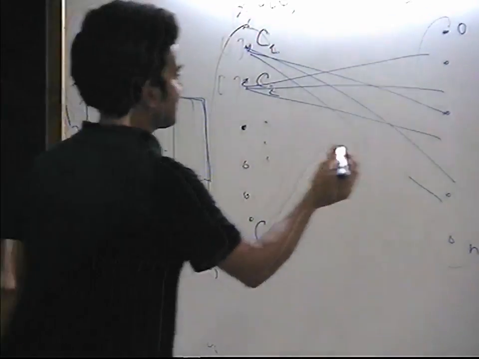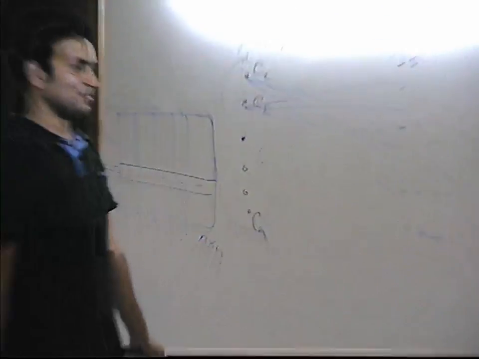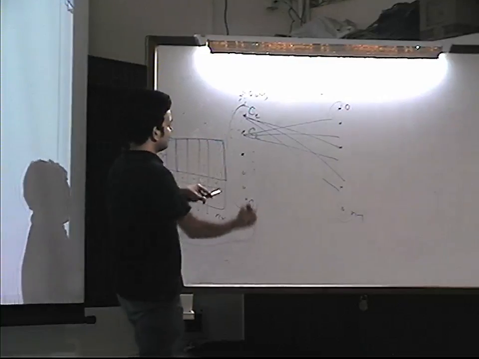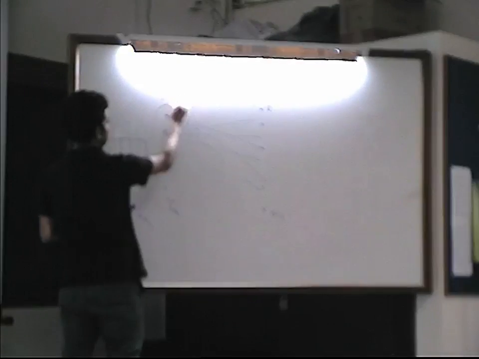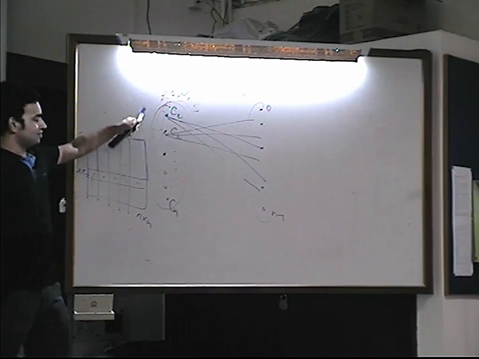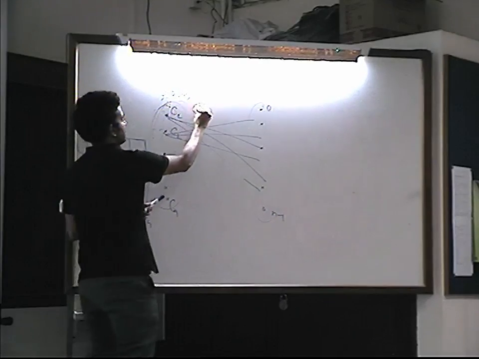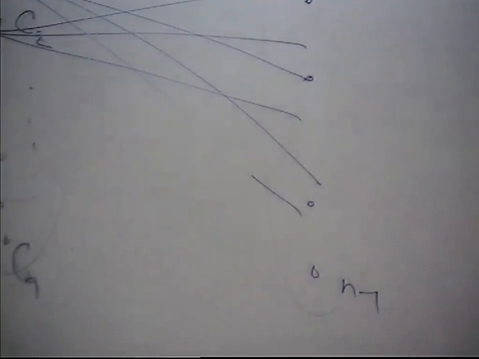So remember Hall's theorem, we have to use it here. What we have to show is, if you take any set of size k on this side, it should touch at least k numbers on the right side.